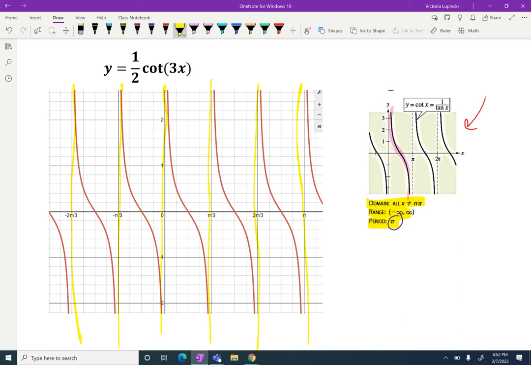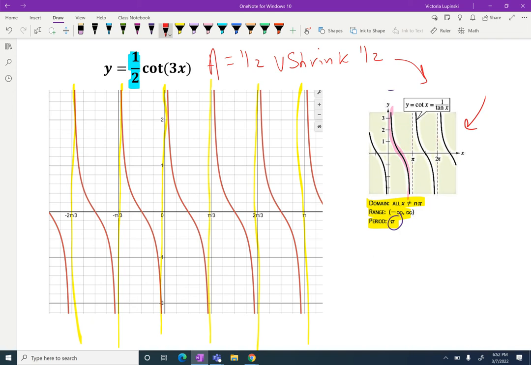Compared to the original function, this 1/2 is a change in amplitude, also known as a vertical shrink of a 1/2. The truth is, a vertical shrink of a 1/2, you can't really tell. It doesn't really look like a big change because of the fact that the range is all real numbers.